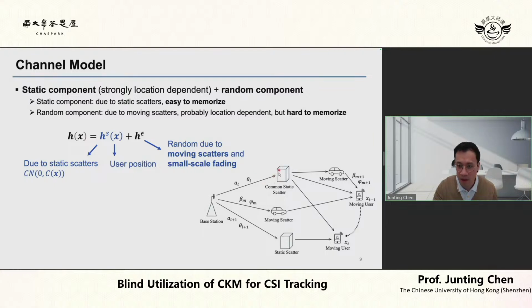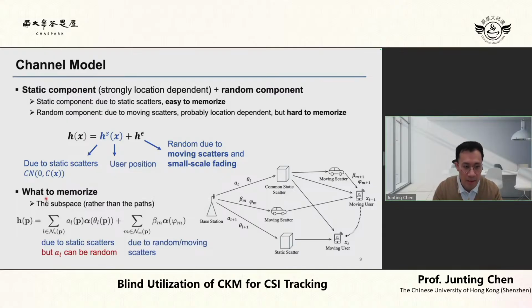For example, we have a very large building here, we have a bridge, etc. And this infrastructure can stay for years. And this occupies a large part of the environment. So we consider that the major part of the channel comes from the scattering from static scatterers. And then we also have moving scatterers, which contribute the second part of the channel. So this H epsilon captures the randomness due to moving scatterers and also small scale fading.